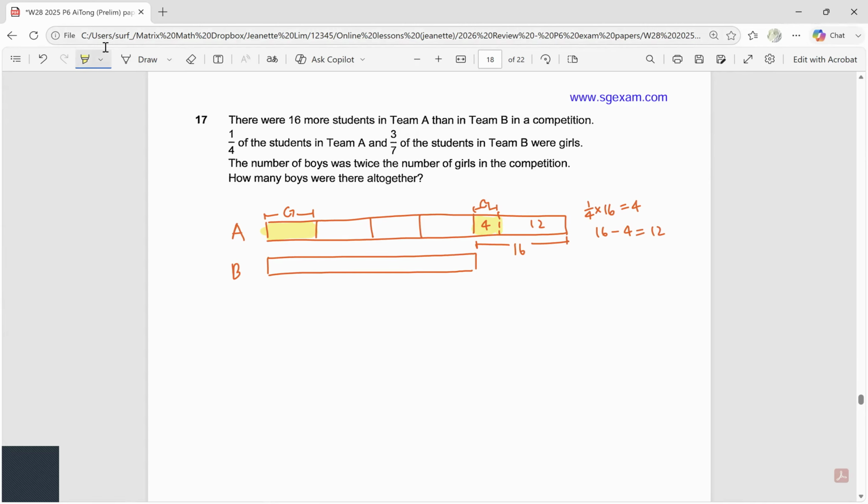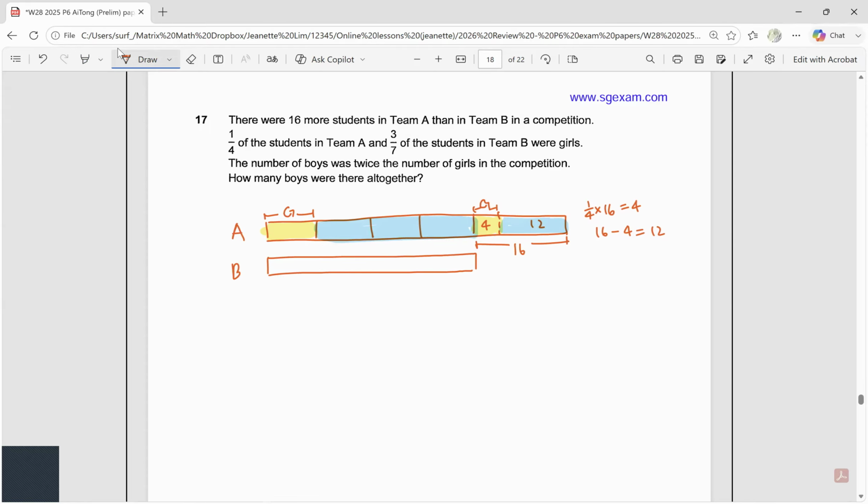So I've already differentiated the girls from team A, which means that the rest of them will be boys. Because you can't highlight in your working, you might want to use shading for maybe the girls.